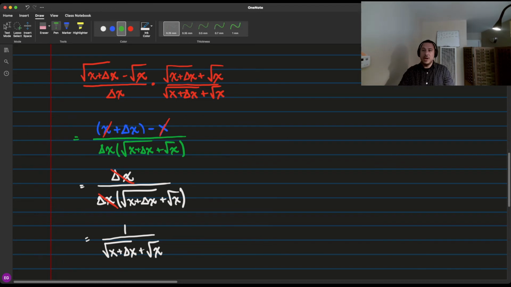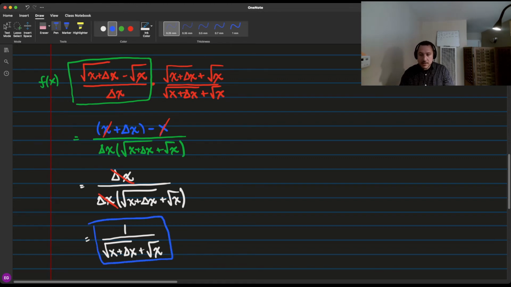Okay, so what we started with was this, that I'm boxing. That was our f of x. And what we're ending with is this. This is our g of x. And we know that f of x is equal to g of x, except when what? What can you not plug into f of x that you can plug into g of x?